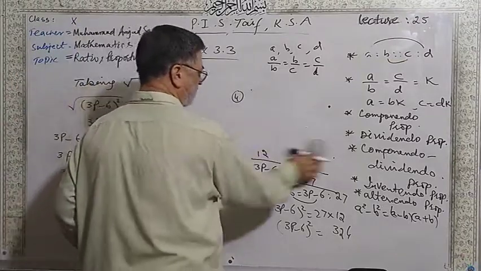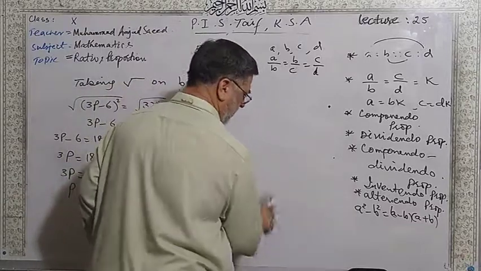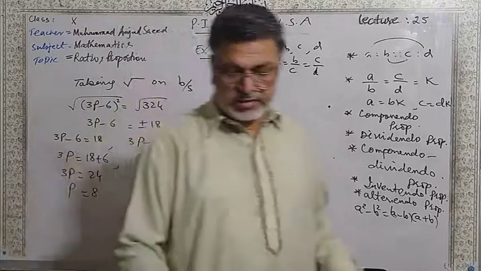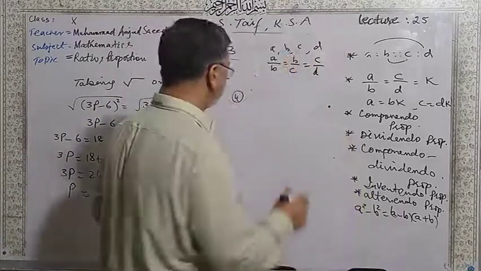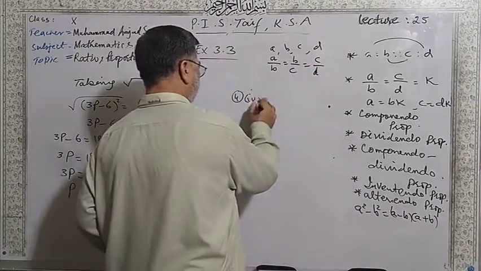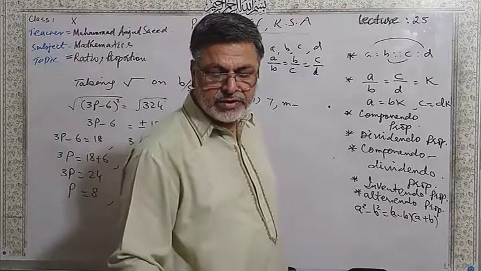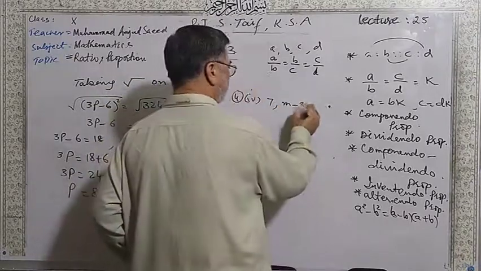After that, question number 4, part 4. 7, m minus 3 and 28.